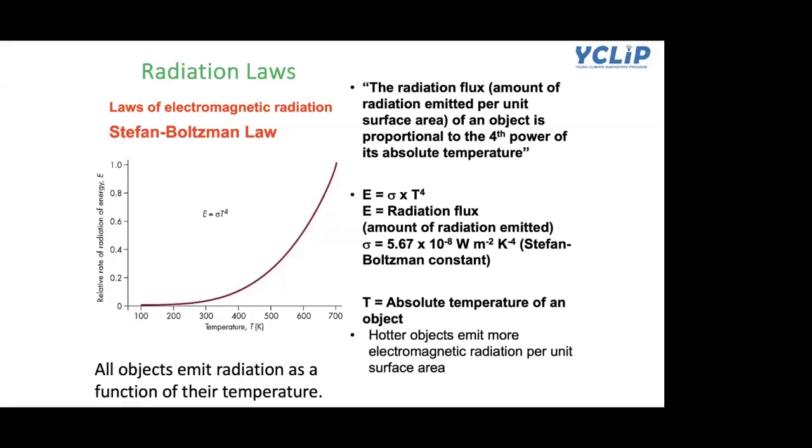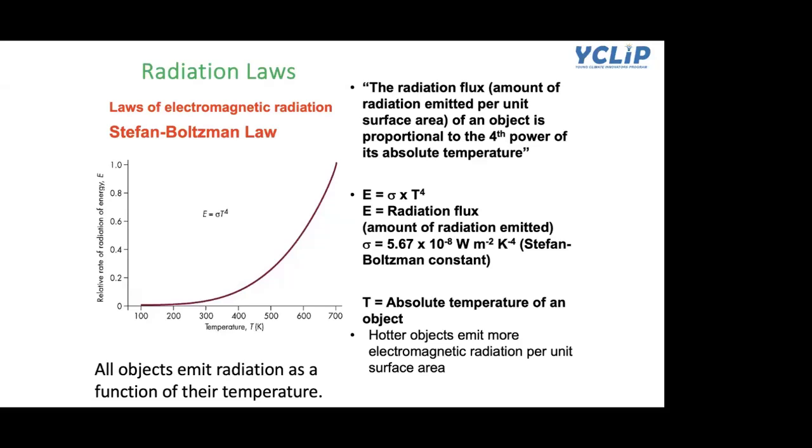We have a lot of radiation laws. The inverse square law says the further away an object is from the source, or from the sun, the less concentrated the sun's radiation will hit that object, which is logical. This particular law, I brought it up because we're going to use it extensively, is the Stefan-Boltzmann law of radiation.